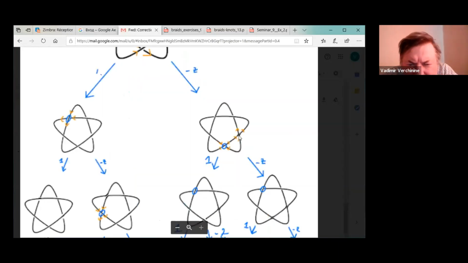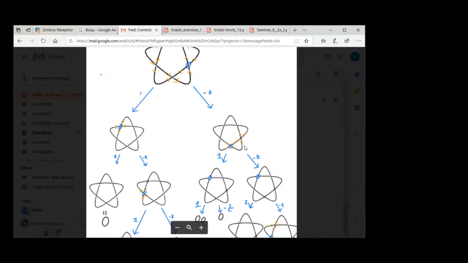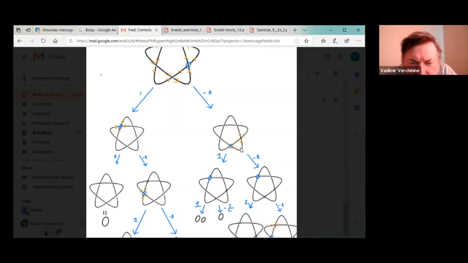So what does it mean you have here crossing? I don't understand. No. Here where the mouse is, I just forgot to erase the arrows. There is no crossing. So right, okay. So let us consider what it is.